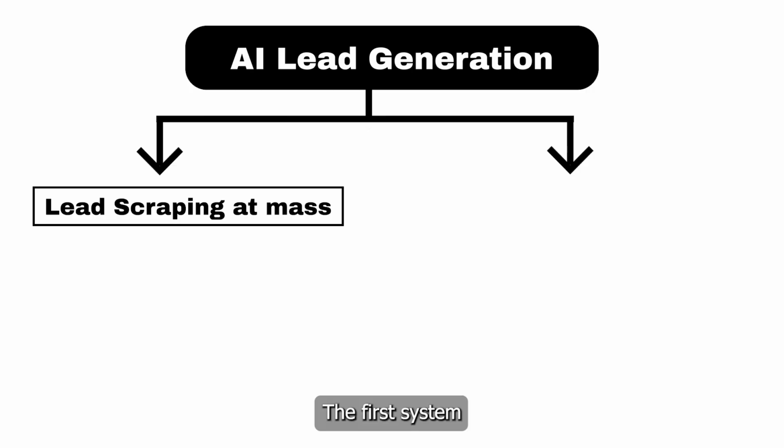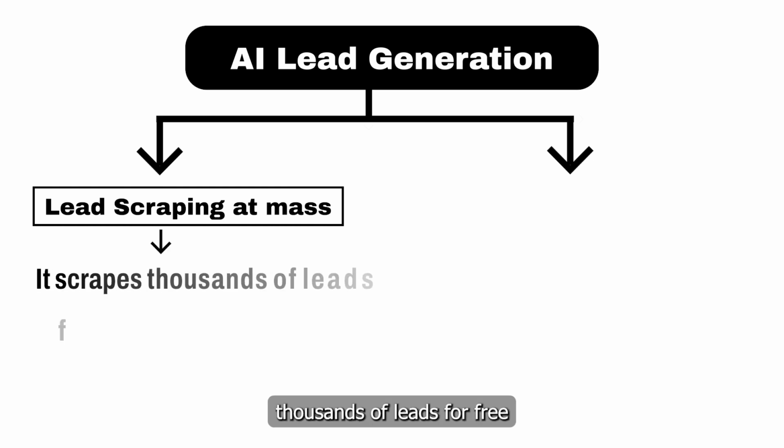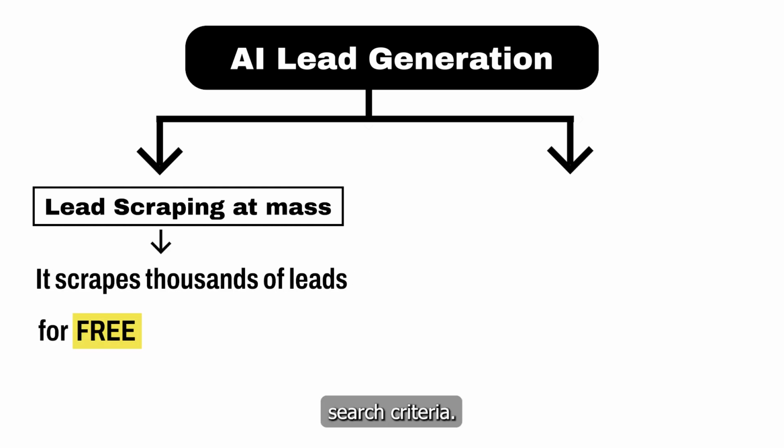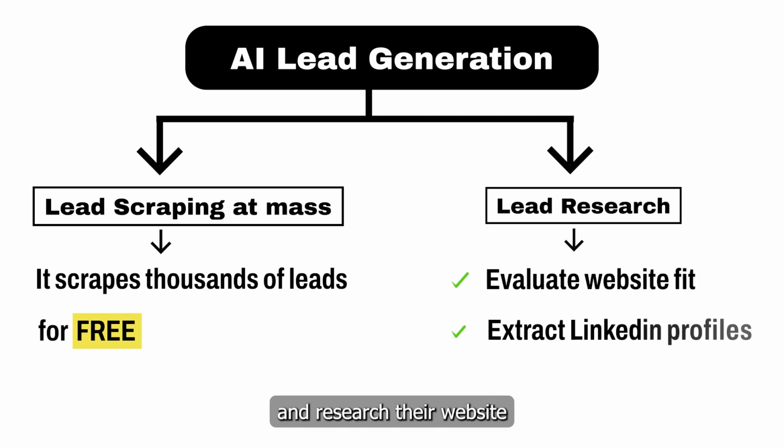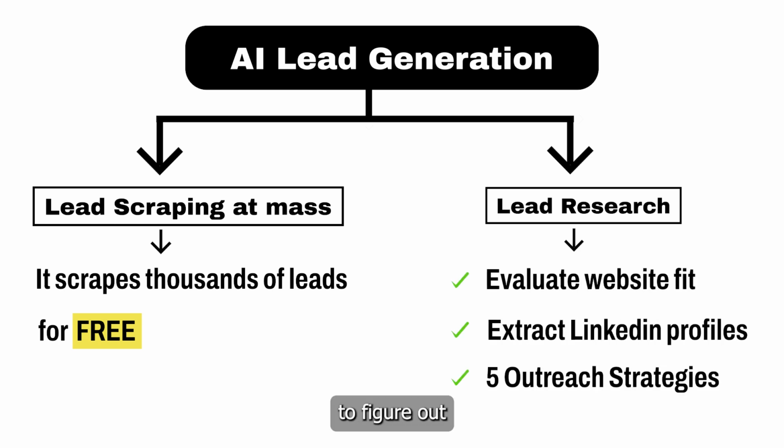The first system will help you scrape thousands of leads for free based on your search criteria. And the second system, that is the main crux of this automation, is going to take up each lead one by one and research their website to figure out if they are a right fit for your business or not.